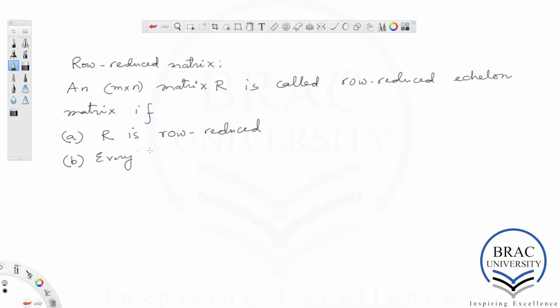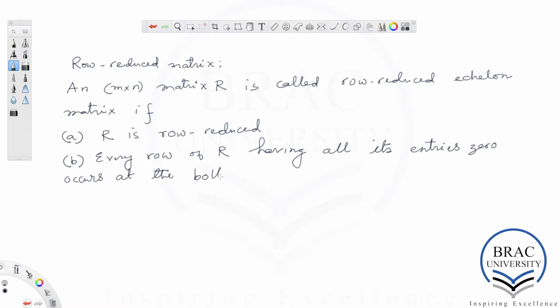Secondly, all rows of R having all their entries zero occur at the bottom of the matrix.